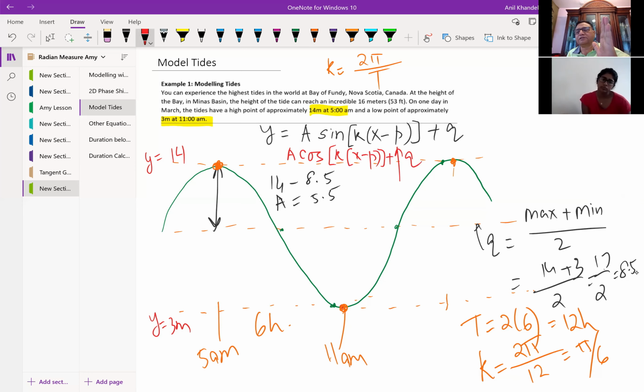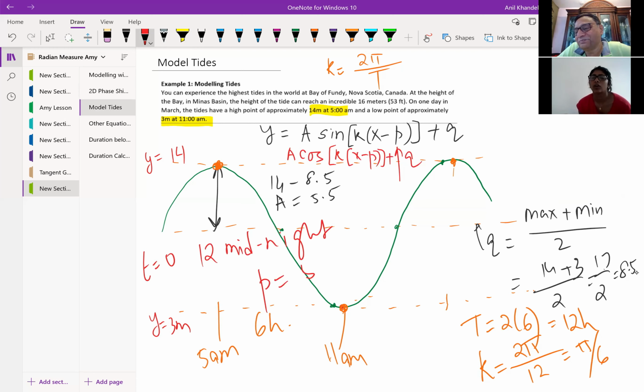So if it is starting with maximum at t equals 0, then there is no phase shift. However, it has a maximum at 5 a.m., correct? So how much was the phase shift? 5, correct. So we'll start at t equals 0 when time starts at 12 midnight. Do you see that? That means clearly the value of p is 5. Is that clear to you? So we got our cosine function. Perfect.